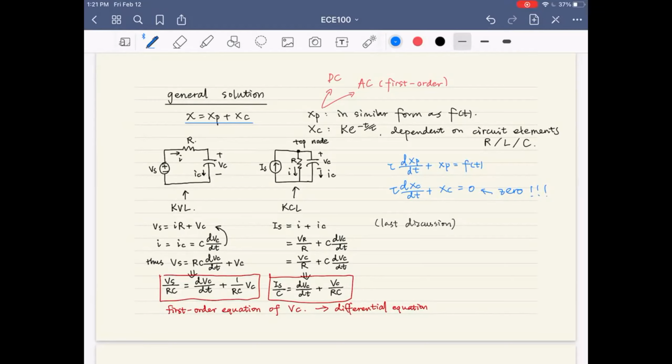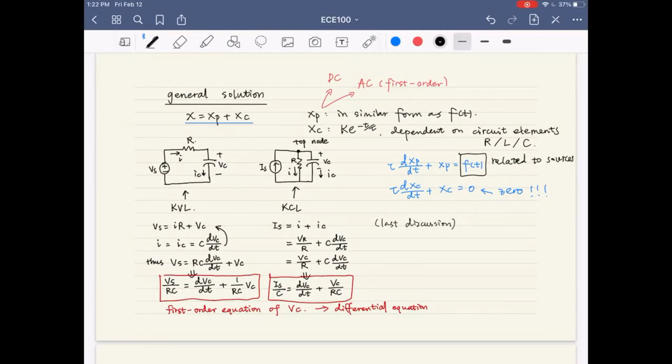In the general form, the FT is related to the source. XP is in similar form as FT, which means that it wants to mimic the behavior of the sources. Just like we said before, if the source is a constant, which means it's a DC circuit, the XP should be a constant too.